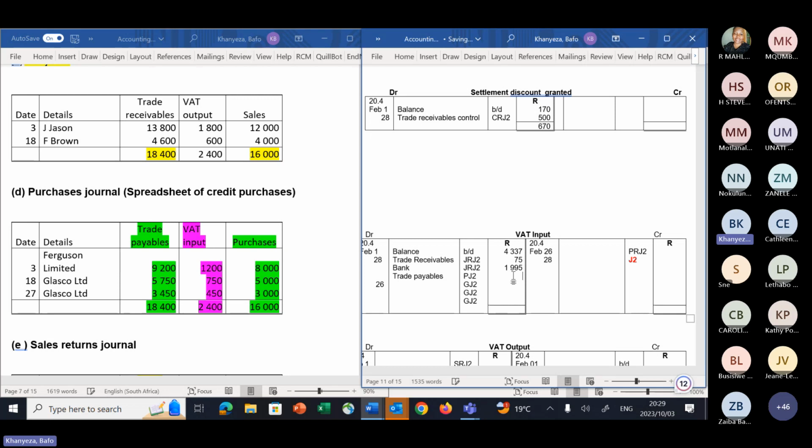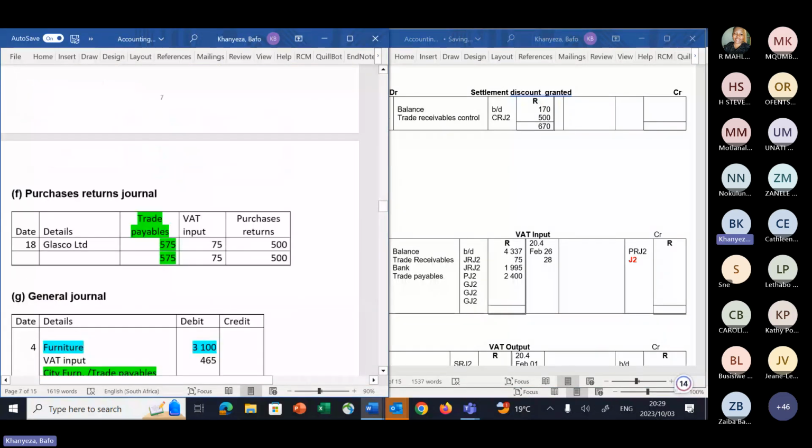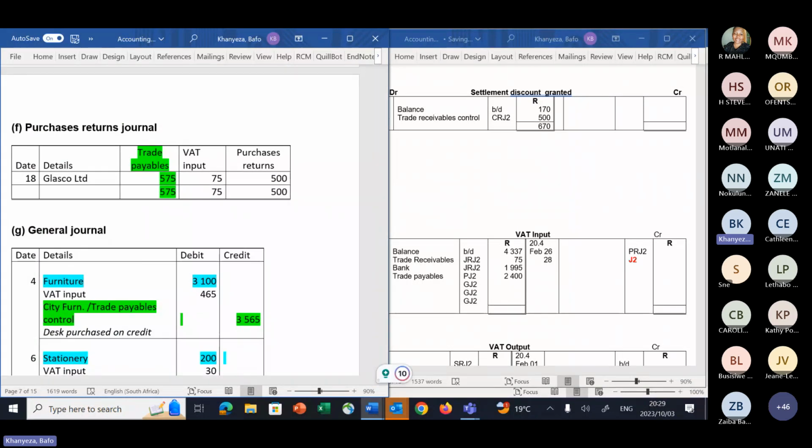So it might not necessarily follow the same pattern as it's done there, because I just wanted to follow some pattern. But the amounts will all be there. Let's see another VAT input. Here it is. Purchases returns journal.